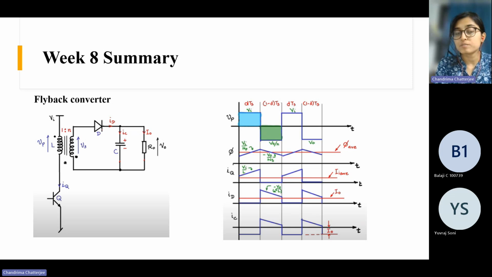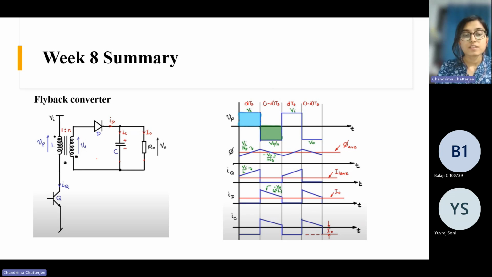So its operating principle is same as the buck boost inductor, just that we have provided an isolation here. Okay. And then the rest of the things are here. The dot is reverse. Here the dot is here in this winding. So here we have the diode and the capacitor and the load like the buck boost converter.